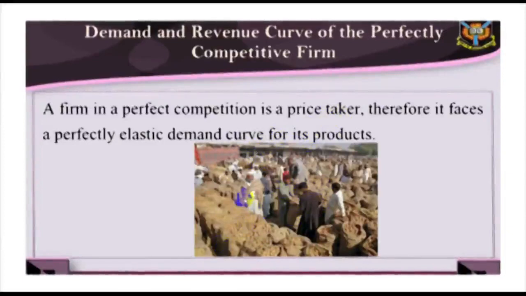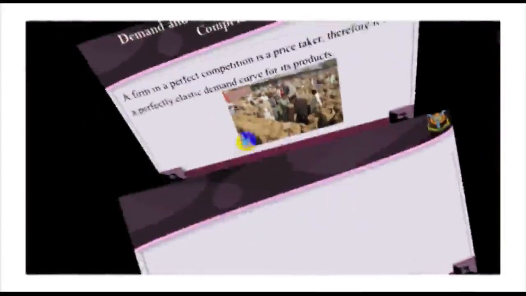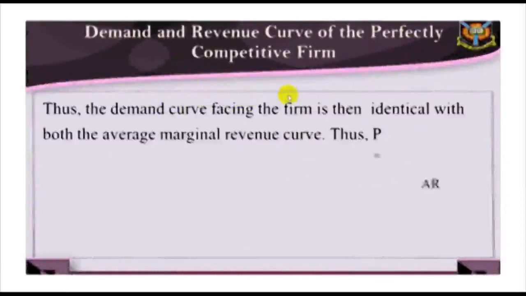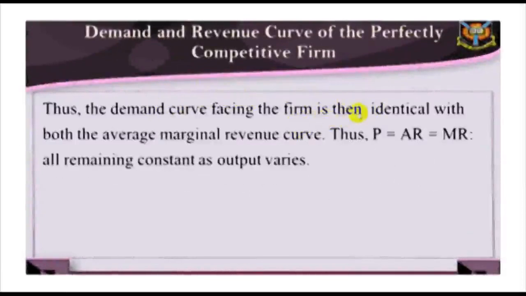An example will make this point clearer. Let's assume that the farmer faces a perfectly elastic demand for yam at a market price of 100 naira per tuber. This implies that for each additional tuber sold, the farmer would realize 100 naira.